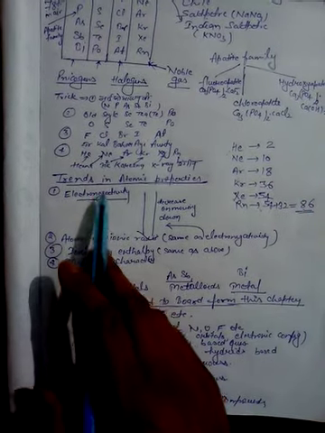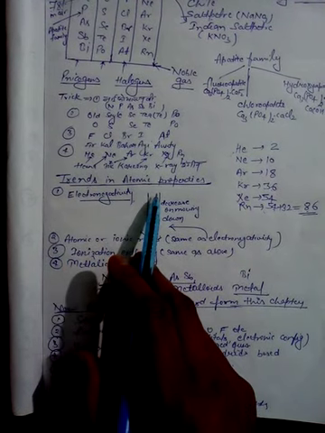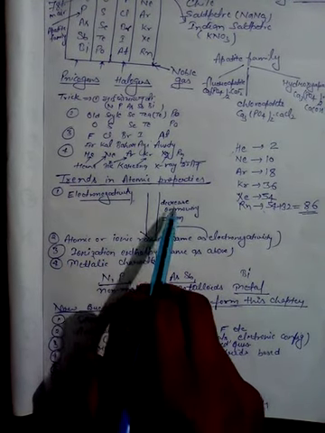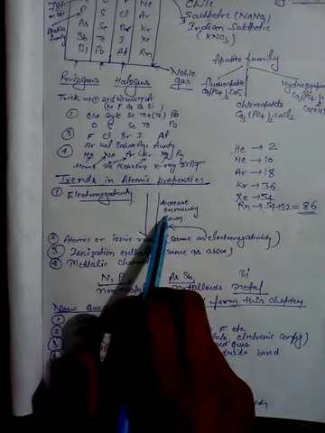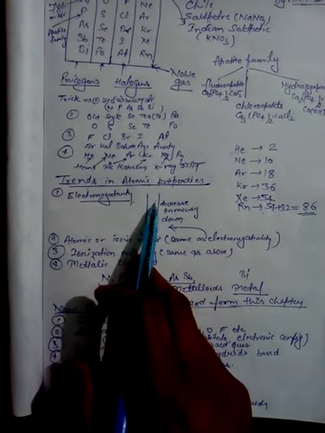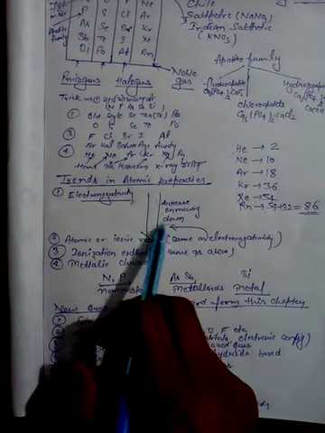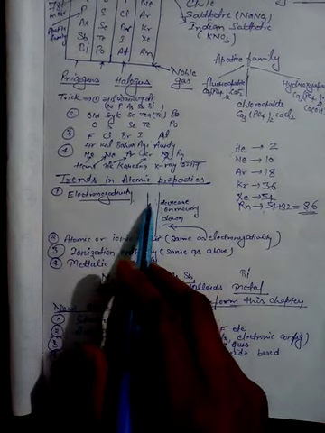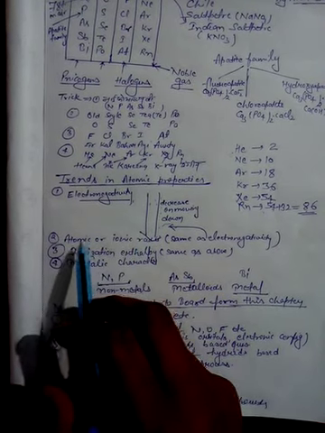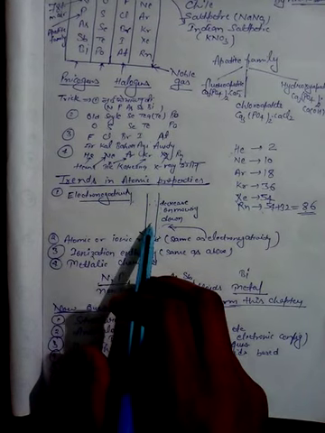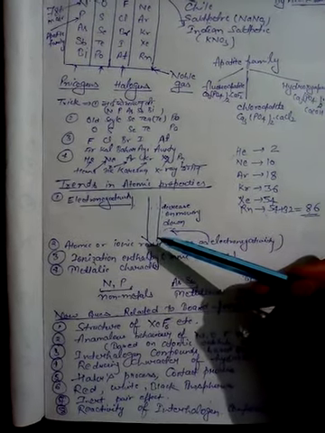Now we go to the trends in atomic properties: electronegativity. As we go from top to bottom, electronegativity decreases, and nitrogen has a different, higher electronegativity than other family members, which is responsible for hydrogen bonding. Other family members have electronegativity similar to hydrogen, which is why they do not form hydrogen bonding.